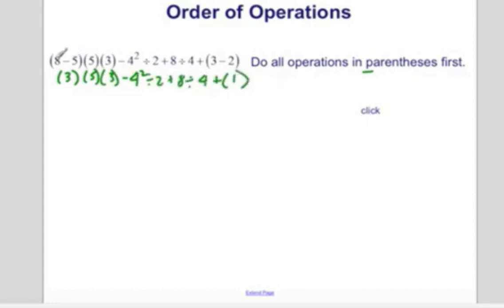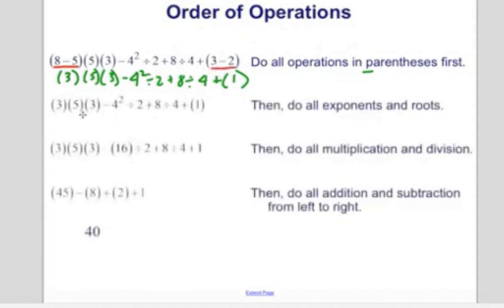So the only ones we actually did anything with were these two right there. So we have 3 times 5 times 3 minus 4 squared divided by 2 plus 8 divided by 4 plus 1. Alright, so this in green is exactly this one.